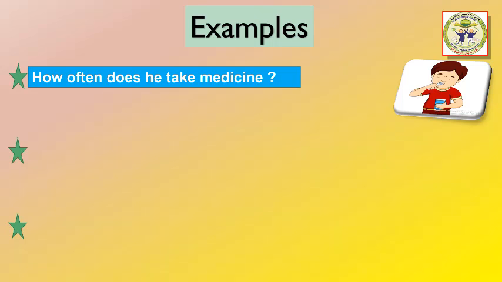And this question is asking about how many times you do this something, or asking about frequency. And when you answer this question, you will use once a week, once a day, twice a week, or always, sometimes, never, often, and so on.